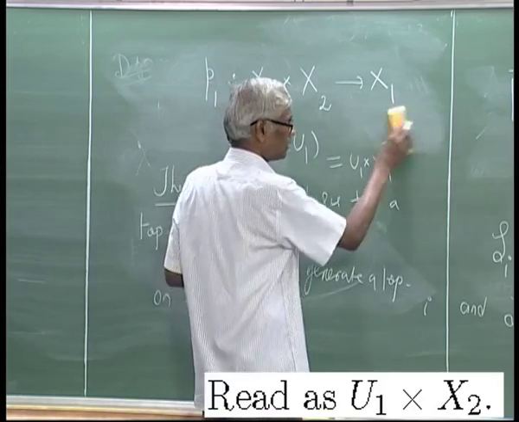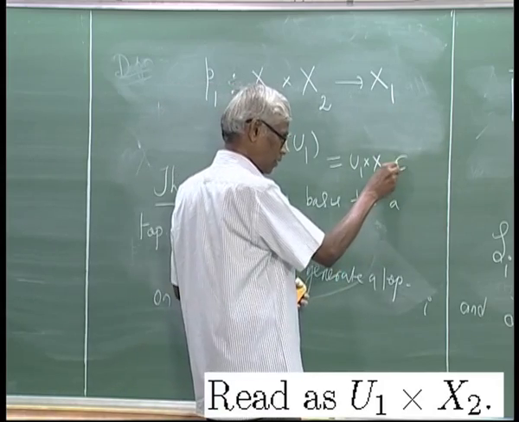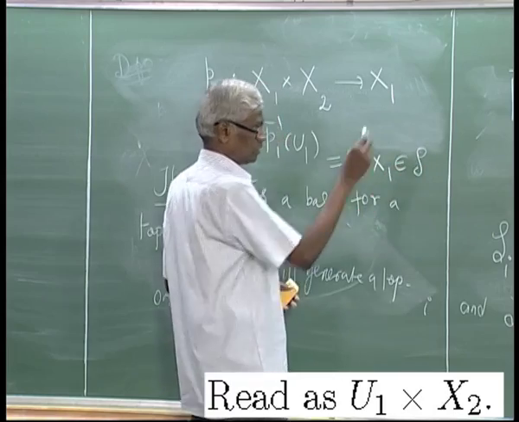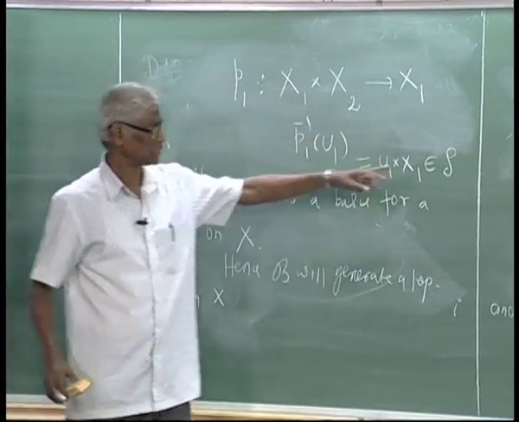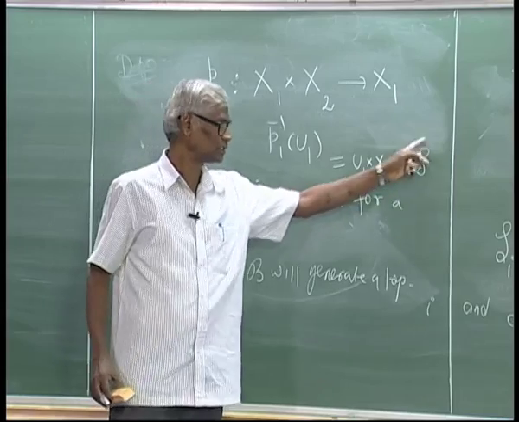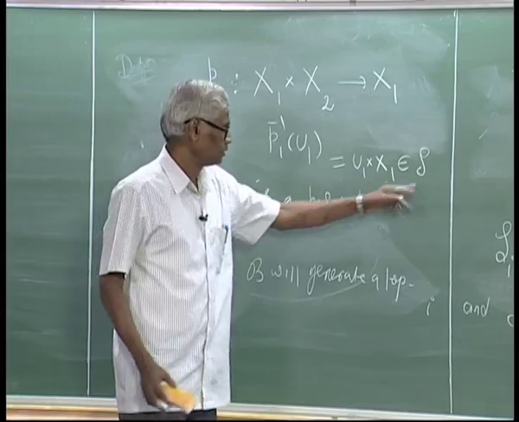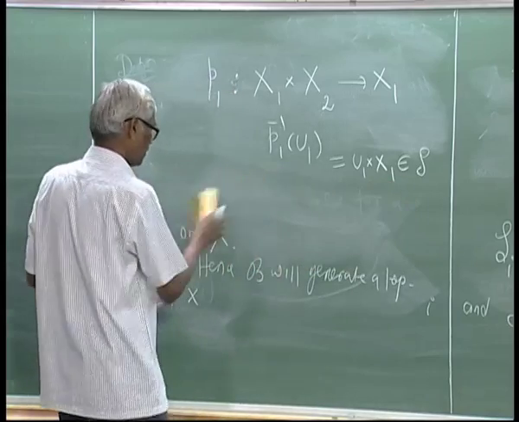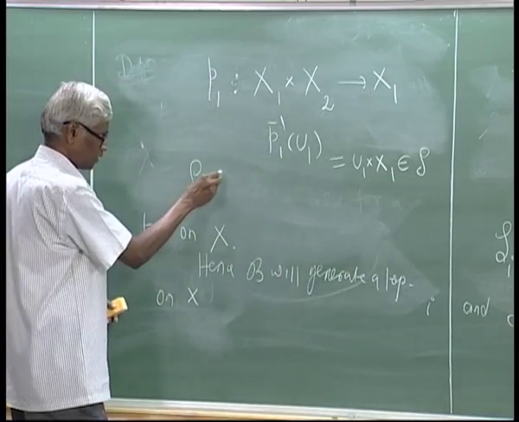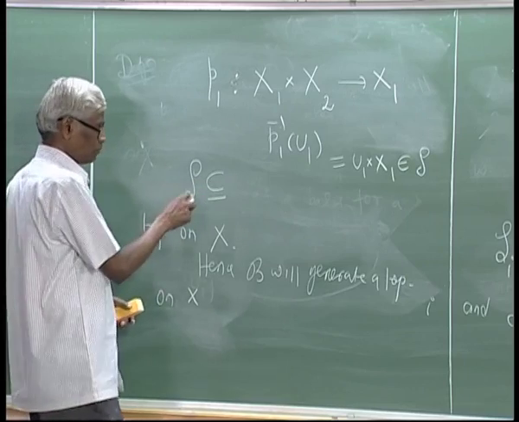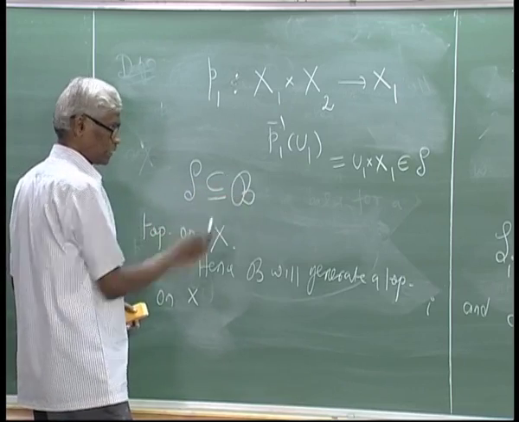By definition, we have collected all those subsets in script S, so such a set is called a subbasic open set. In particular, script S will be a subcollection of script beta.